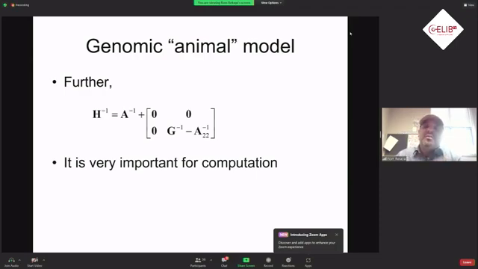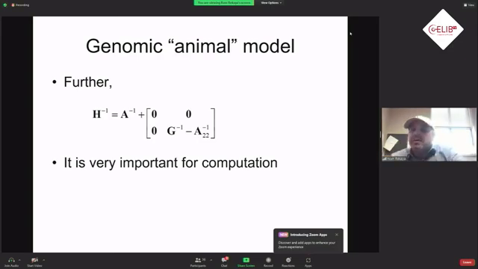And if you look at it deeply, you will see it's a difference between the observed additive relationships due to using markers minus the average additive relationship for the genotyped individuals.